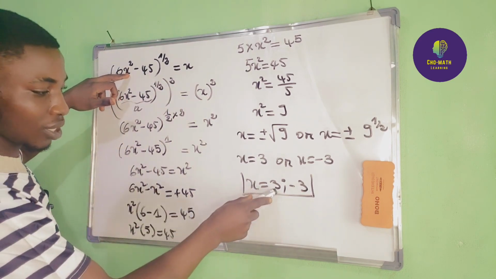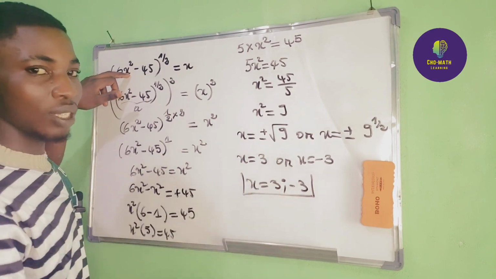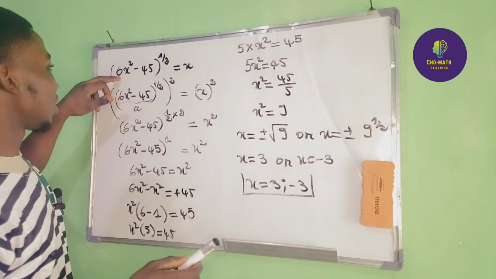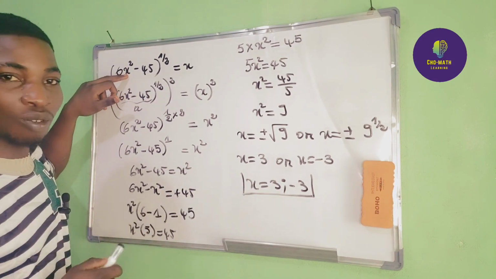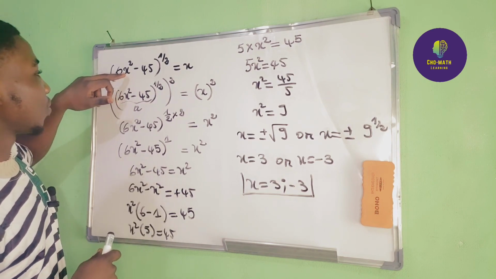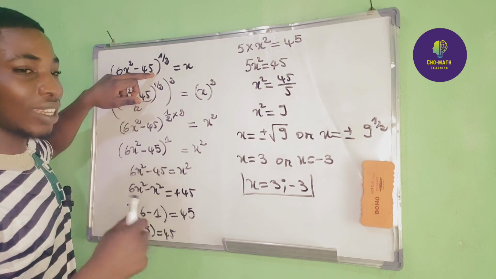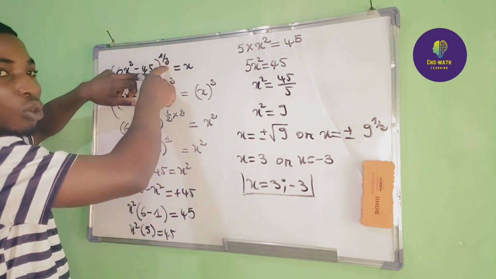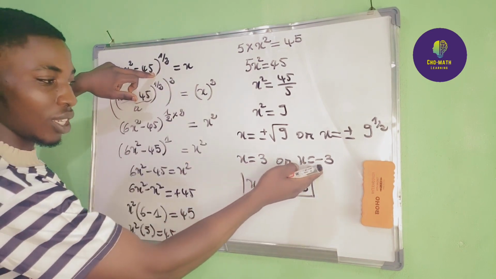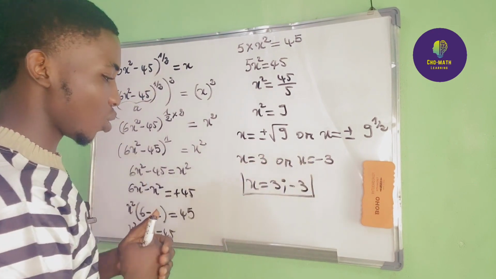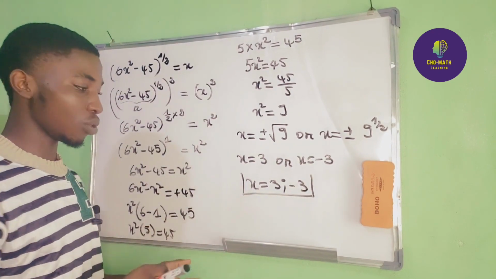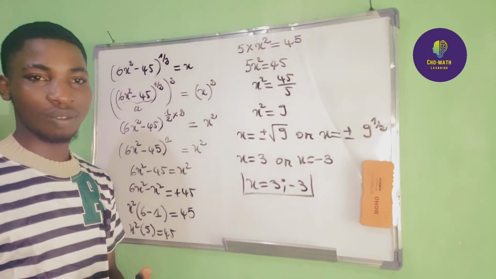We know that x squared is equal to 9. We have 6 times 9, that's equal to 54. I know that 54 minus 45 is equal to 9, and 9 to the power half is equal to 3 or negative 3. So at this level, we see that our values of x are correct.